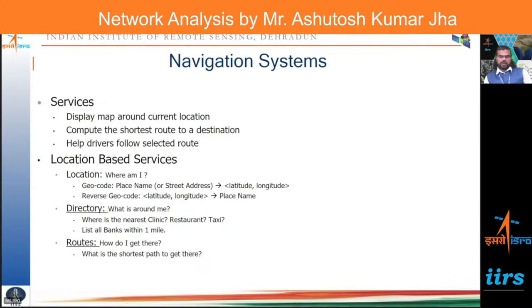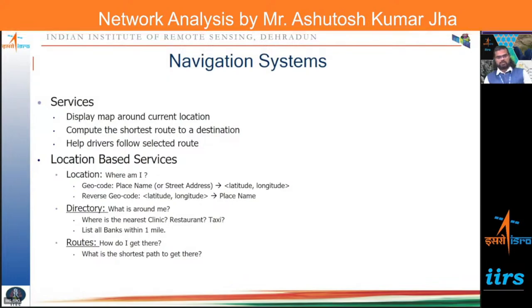Then there is another service under location-based services, which is directory search. In this case, we are mostly interested in finding the nearest services. For example, where is the nearest clinic, or where is the restaurant? Where can we find the nearest taxi? Sometimes we also provide range-bound services, where we would like to find, in this case, a bank within a mile.